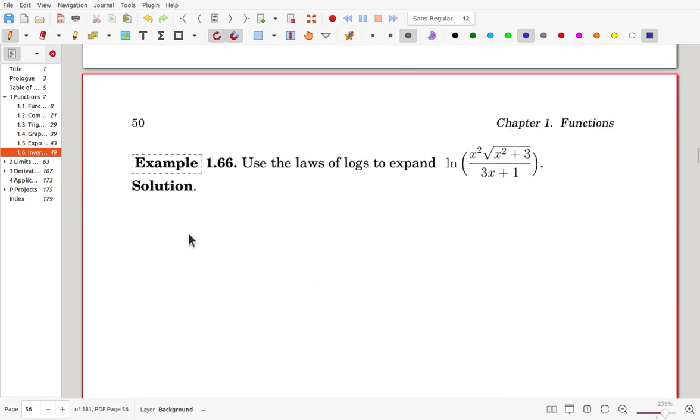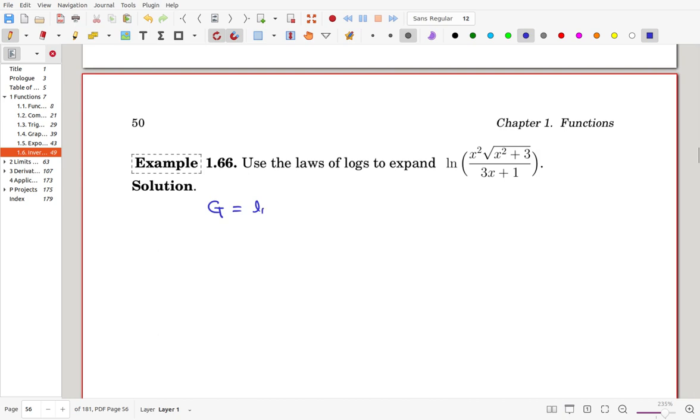Now we want to use the rules of logs to expand this logarithm. This is a natural logarithm, and from now on I'll use this notation, which means the given term, this whole given term. We'll do it step by step.